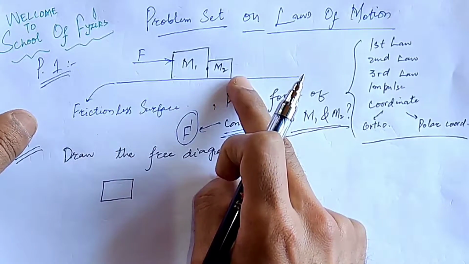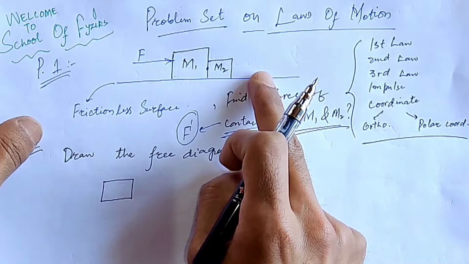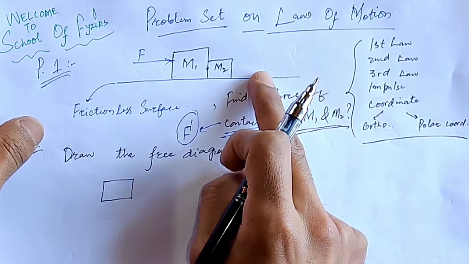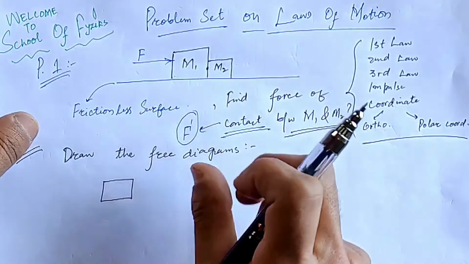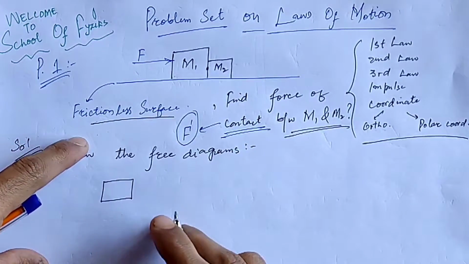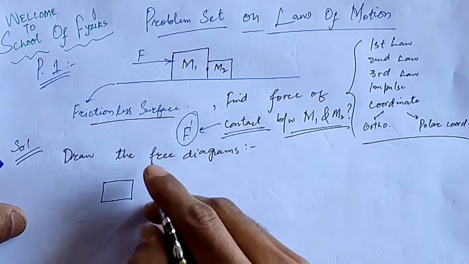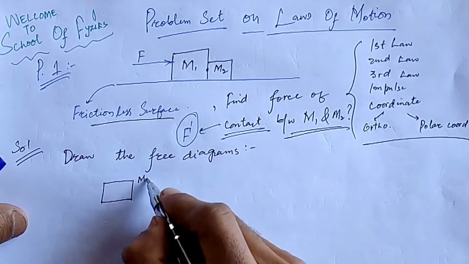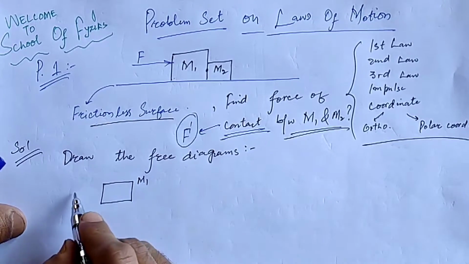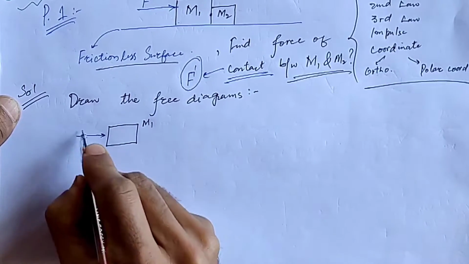Even though they are set in motion on this surface, it will not exert any force to retard the motion because friction is absent here. So the only forces acting on body m1 will be, first and foremost, this force acting horizontally like this.